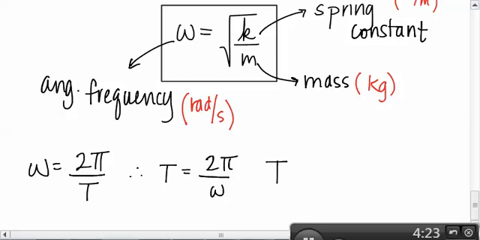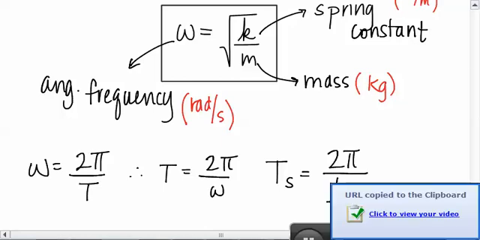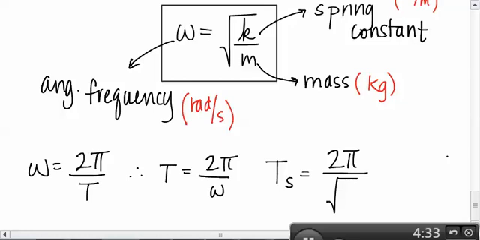So the period for a spring would be what? 2 pi over the square root of k over m, but that's kind of oogly. What do we want to do?